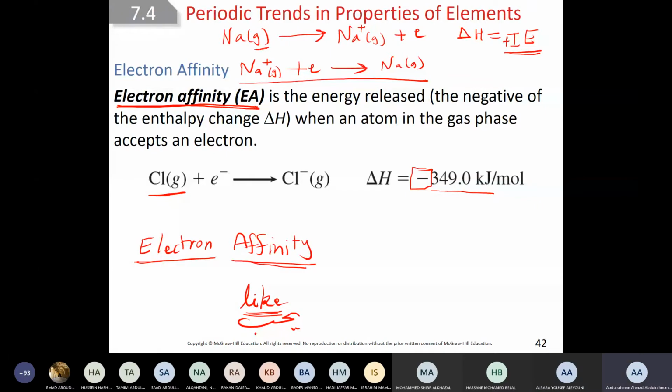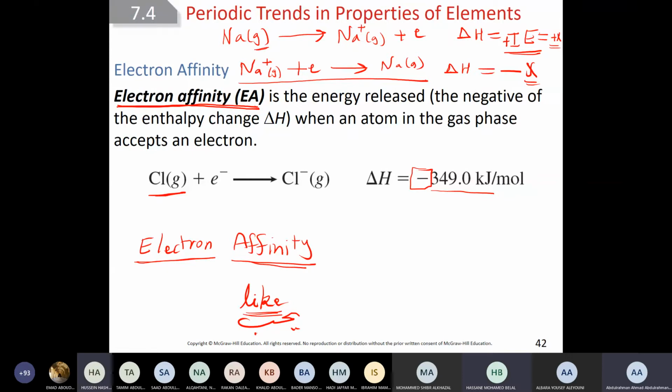If the value of this one is plus X, what will be the value for this reaction? Minus X. So for the electron affinity of the ion, not from the whole atom, it is the reverse of the other. Is this clear?